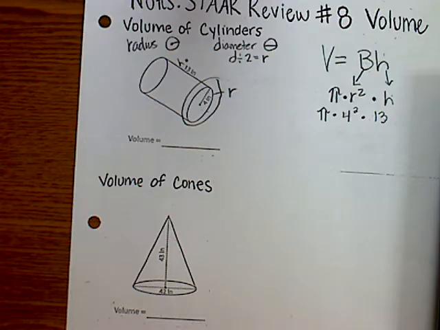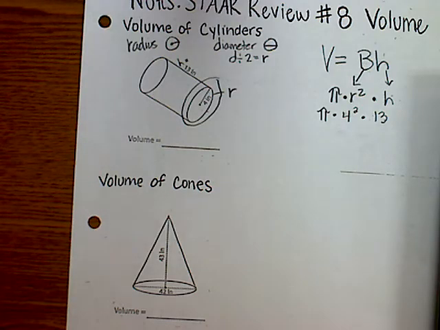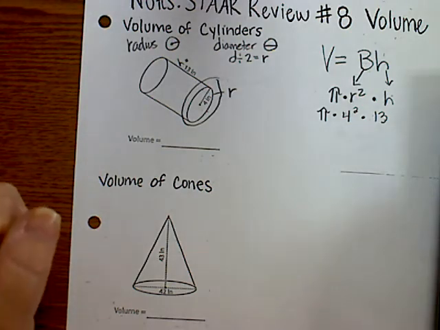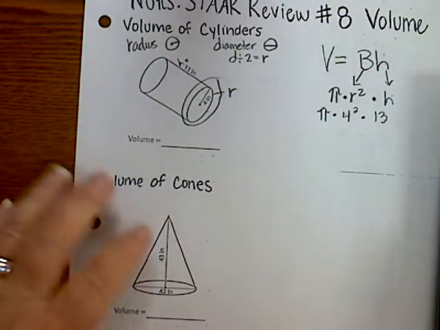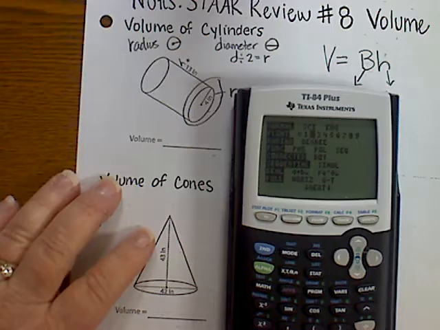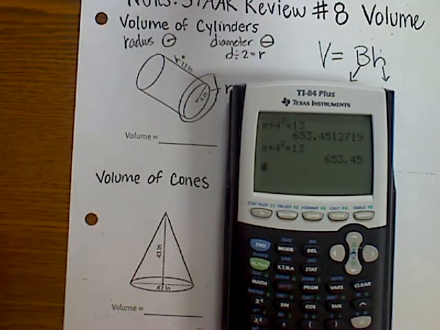Now, today, most of these will say what is the closest, okay? I really want to stress, remember, if I need it to the nearest hundredth, I could push mode, and I could go down to 2, and that's the nearest hundredth on my calculator, and I could hit enter, and hit second quit, and hit enter, and it gives it to me to the nearest hundredth, okay?